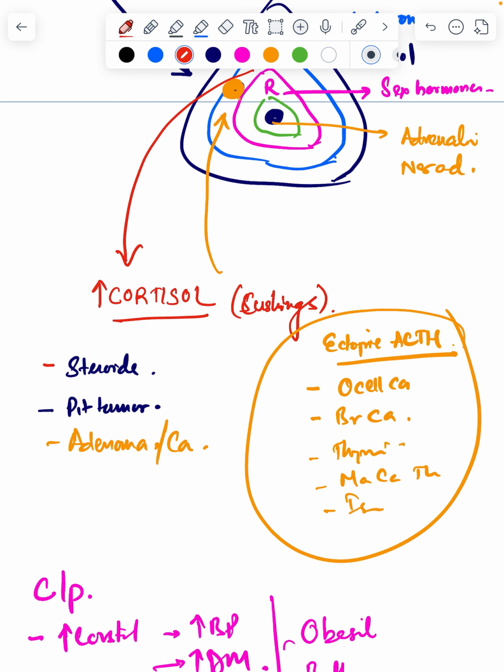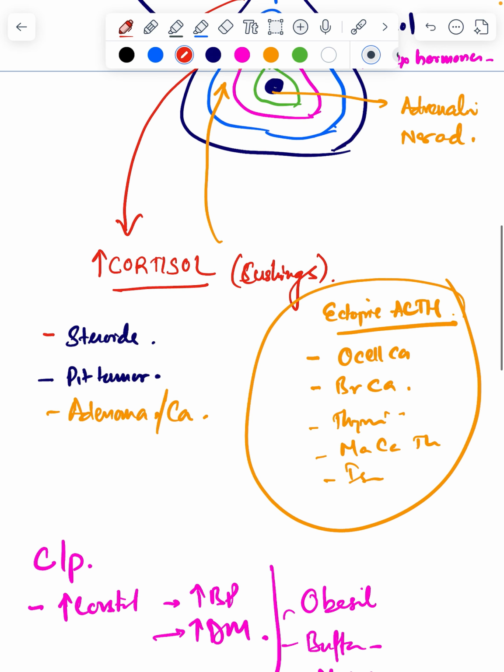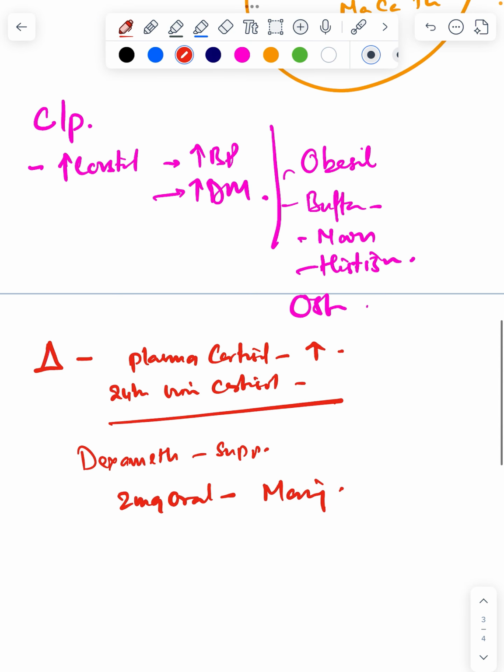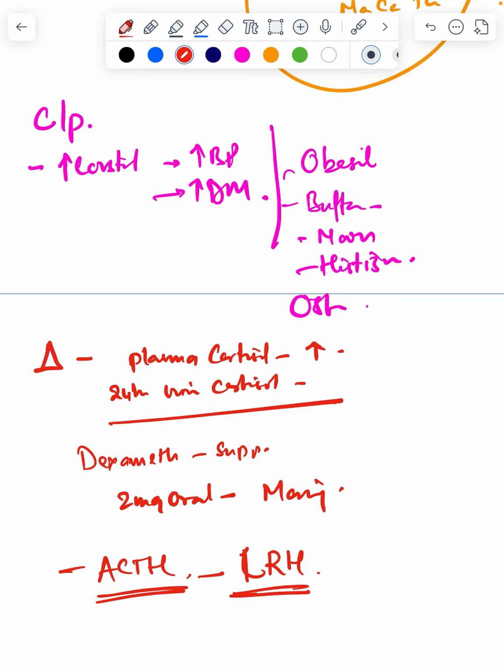And then you measure plasma ACTH level following giving corticotropin releasing hormone, CRH, in Cushing's disease.